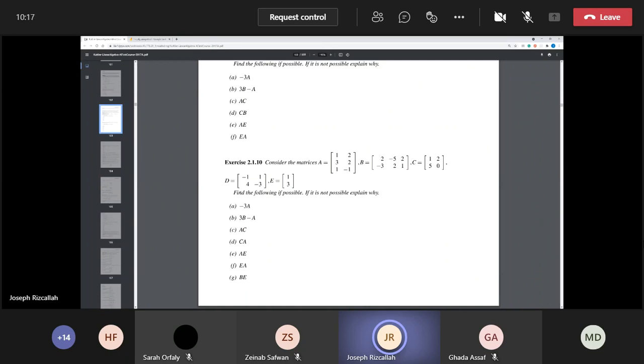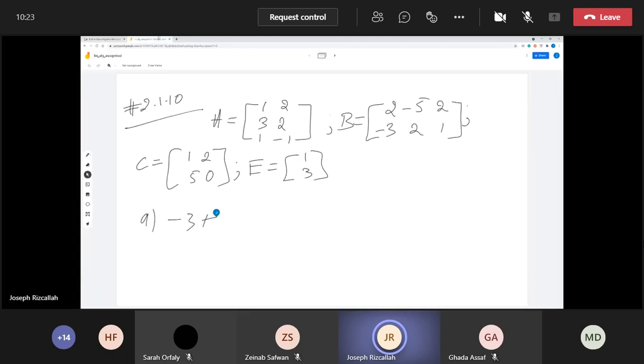The first question is to find minus 3A. This is quite easy, so let's go over it very quickly. It's minus 3, minus 6, minus 9, minus 6, minus 3, and 3.